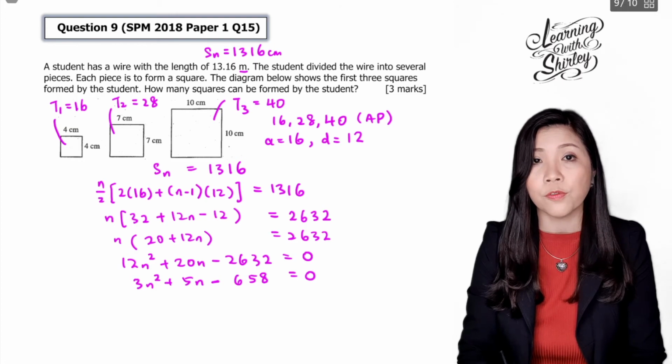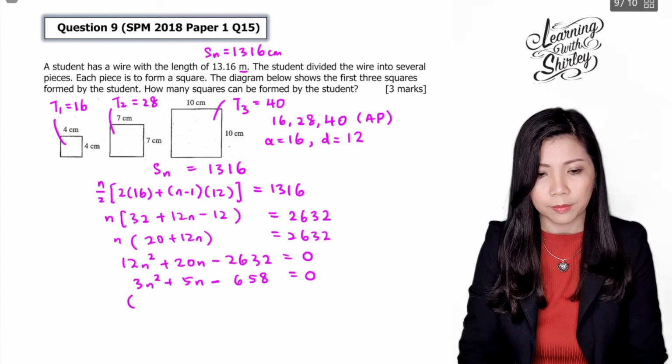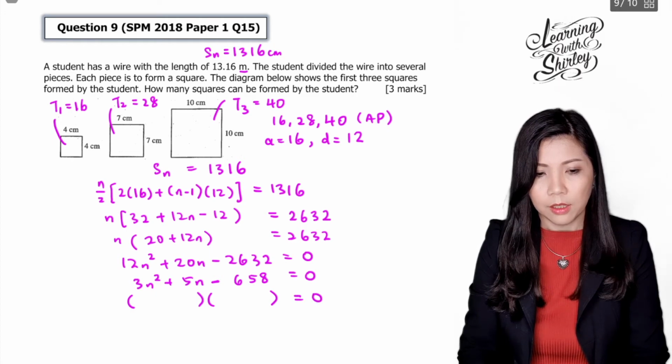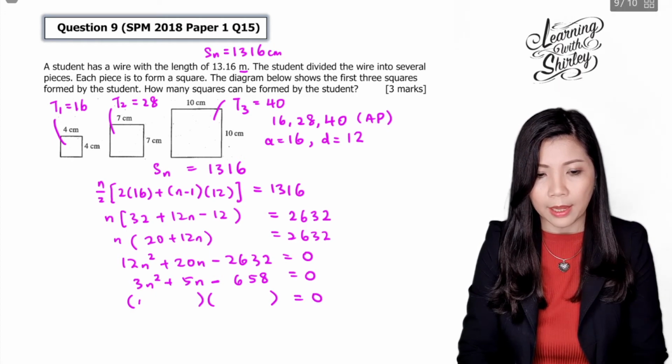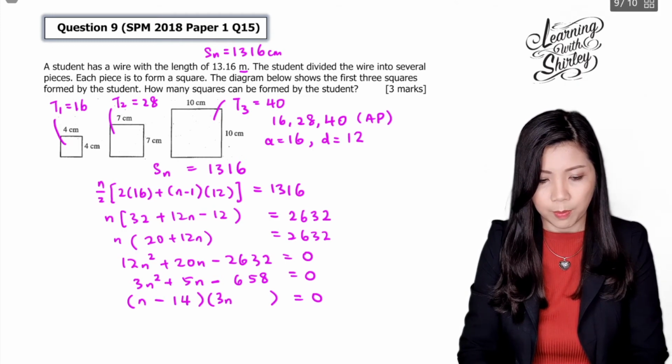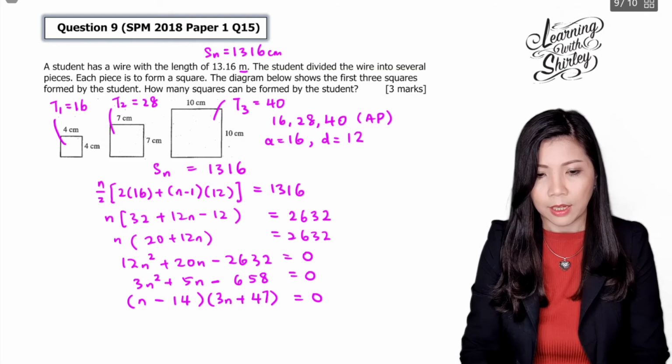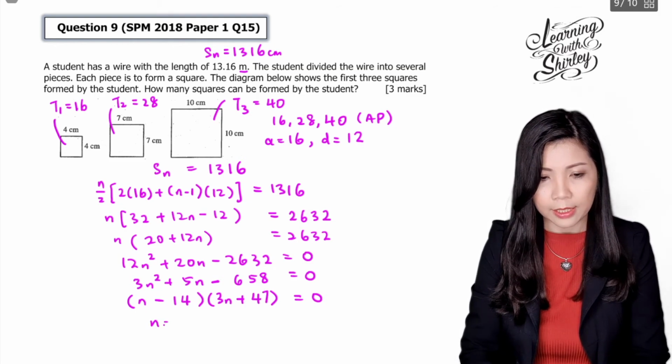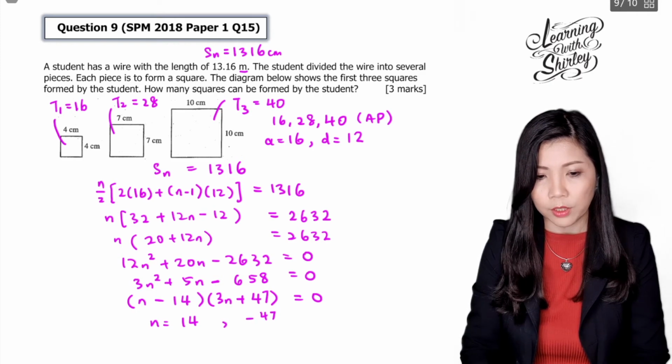The next step is to factorize it into 2 brackets. So 3n squared will be n times 3n, and then this is minus 14, and this will be plus 47. Therefore n is 14, or negative 47 over 3.